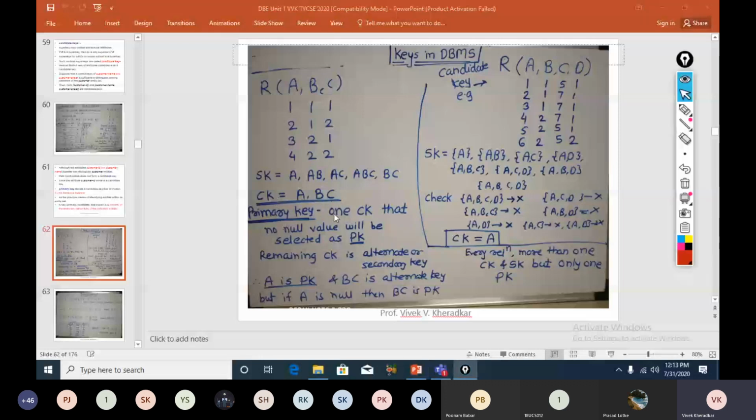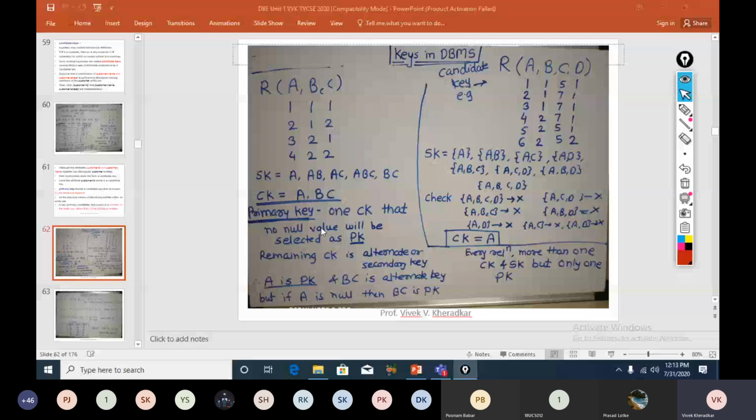A primary key is the one candidate key that has no null value and is selected as the primary key. Again, I repeat, whichever candidate key does not have a null value is called the primary key. The remaining candidate keys are alternate keys, or we also call them secondary keys.